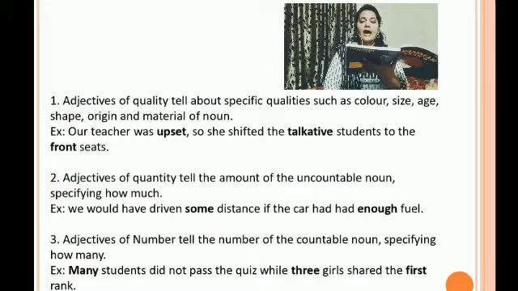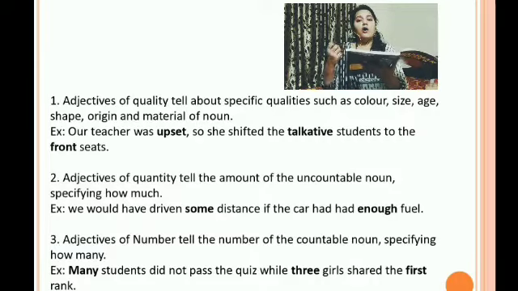Then we have adjectives of number. They tell the number of a countable noun. If there is a countable noun, it will tell you the number of that countable noun. So that will be called an adjective of number. It specifies how many in number, not how much, but how many.